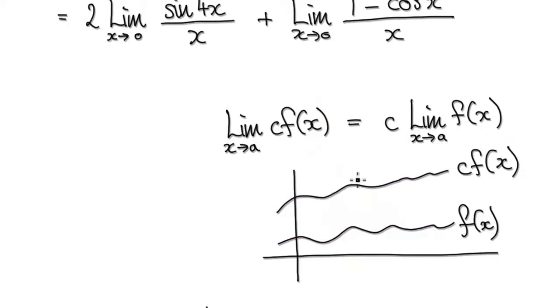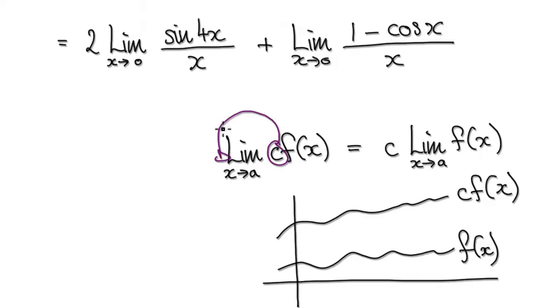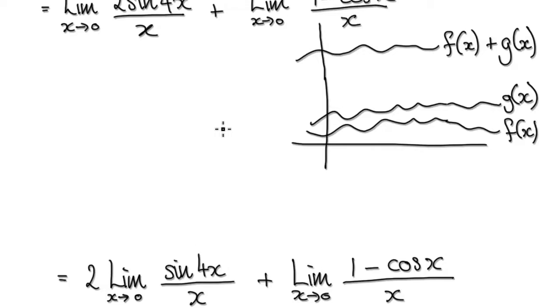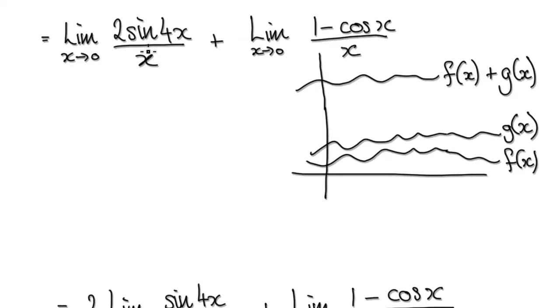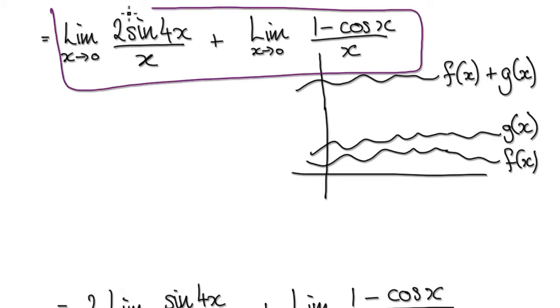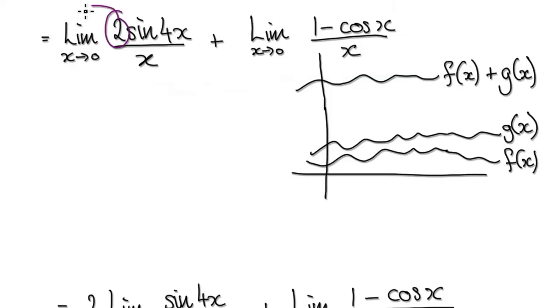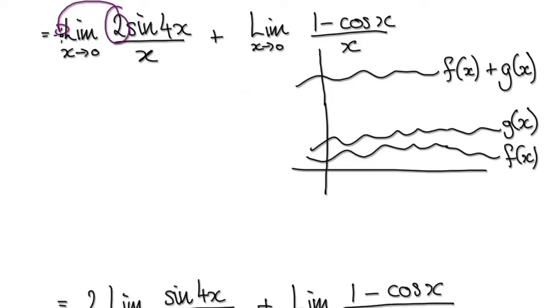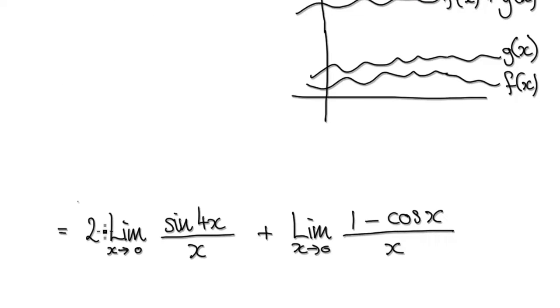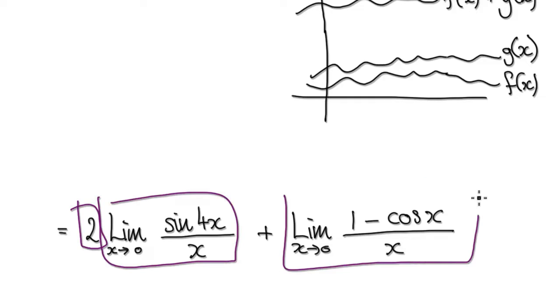So that's why you're able to drag a constant out. So let's go back one step. So we were here. Now you can drag the 2 out because there's a constant. That will then give us 2 times this thing plus this thing here.